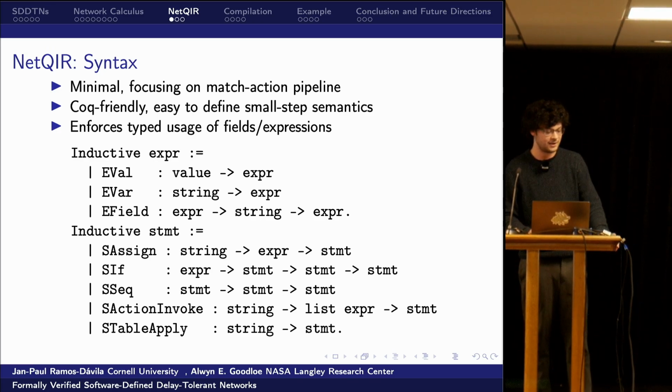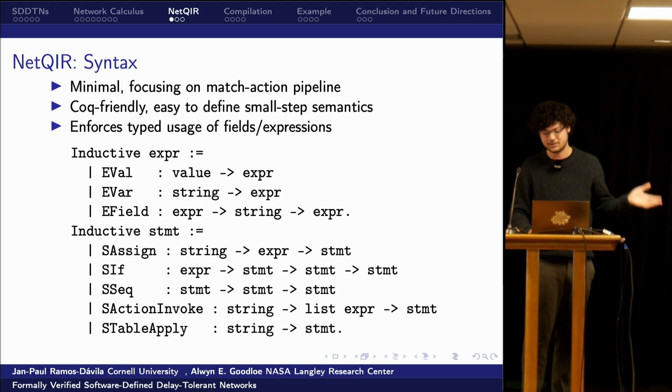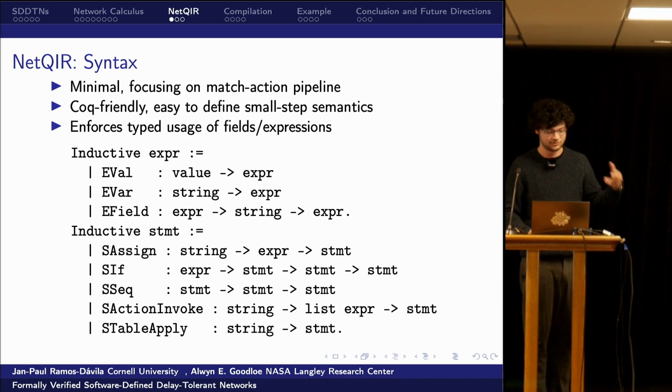So what I now need is some sort of IR into which I can compile this subset of P4, some Coq representation that can then go through the Coq proofs I did earlier, and then we can see whether whatever match action pipeline, this very specific type of algorithm, is correct or not.